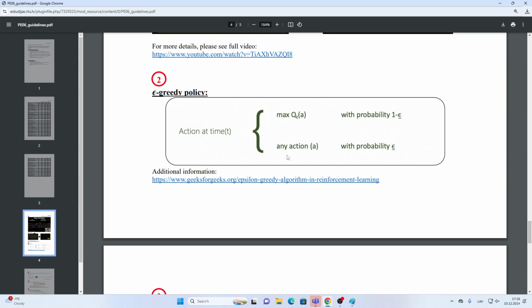So here what we do with the epsilon parameter is mix these together. You can imagine this as if you go to some restaurant, you know there is some very good dish you really like, and you don't try any others because you like this one. But sometimes you might be in the mood to try out something new, maybe it's going to be even better.